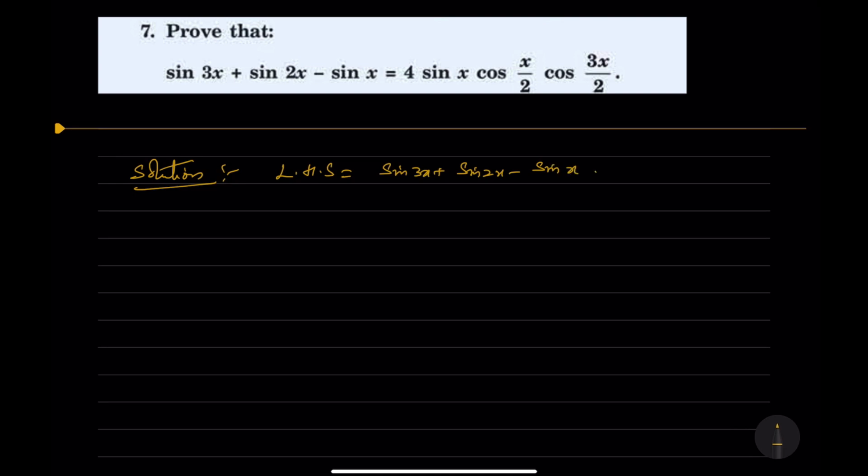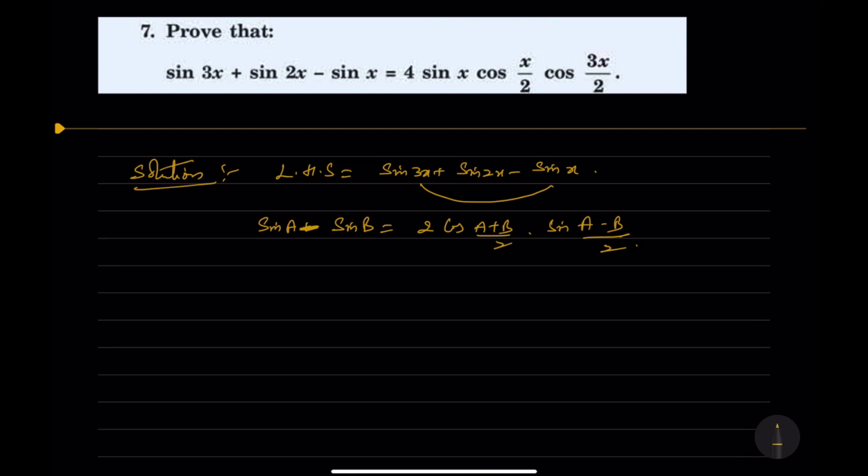Here you can take this formula, sin A plus sin B is equal to 2 cos A plus B by 2 into sin A minus B by 2. We are going to use it for sin A minus sin B. We will be using it for sin 3x and sin x. So you will be getting this.